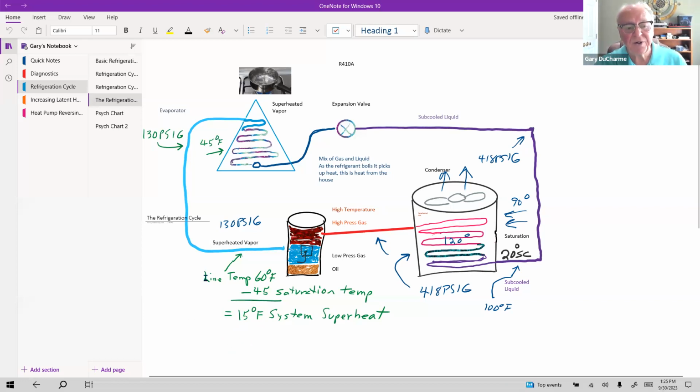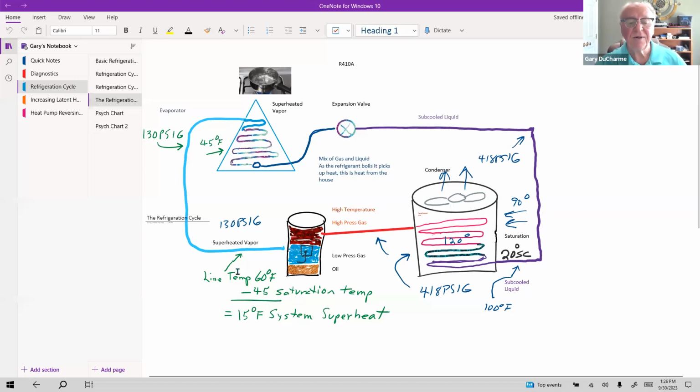Now, different manufacturers will ask for different superheat temperatures. But typically, if you're operating around 10, 12, 15 degrees in superheat, you're protecting your compressor, and you know that you just have vapor coming in because it's above its saturation temperature for that pressure.